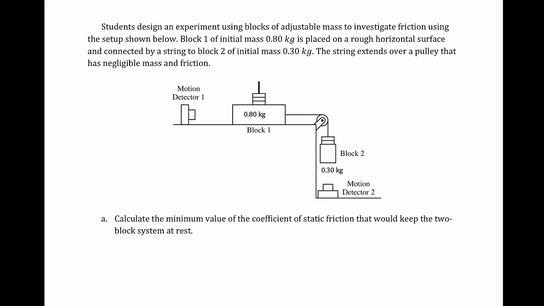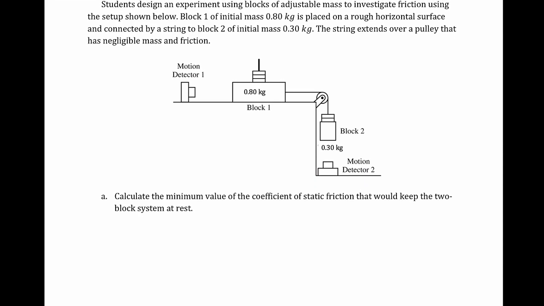So probably block 1 will be on a surface with some kind of coefficient of friction. Block 1 has a mass of 0.8 and it's on a rough surface, and block 2 has a mass of 0.3. And we need to figure out what should be the minimum value of the coefficient of static friction to keep the system at rest.